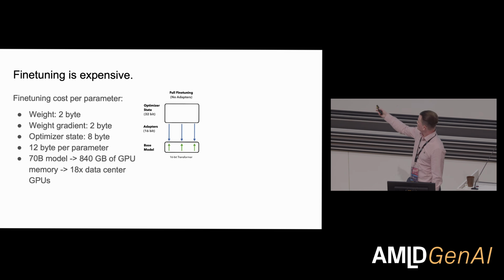So we have 2 bytes from the weights, 2 bytes from the weight gradient, 8 bytes from the optimizer. That's 12 bytes in total. And that adds up to 840 gigabytes of GPU memory if you want to fine-tune a large model like the Llama 2's 70 billion.